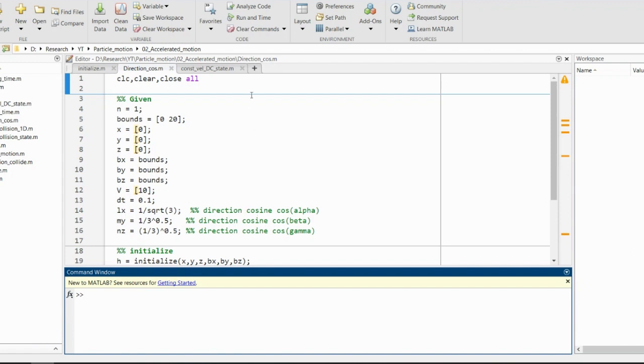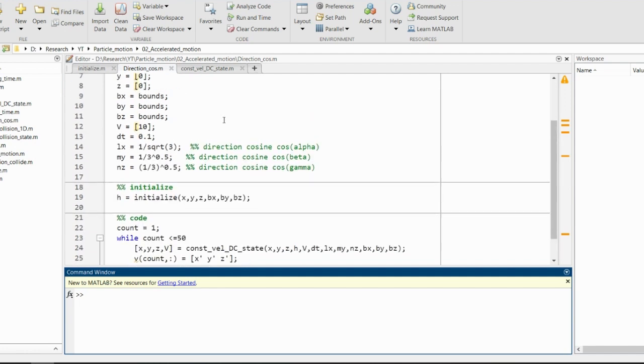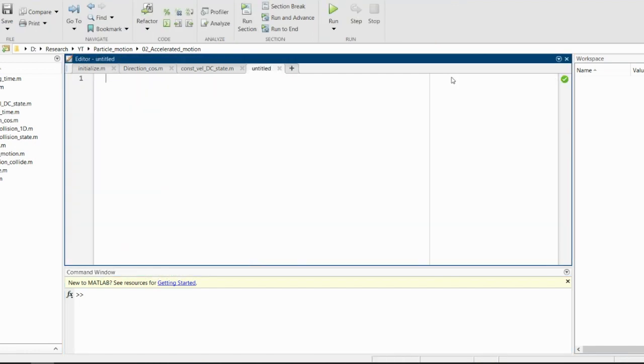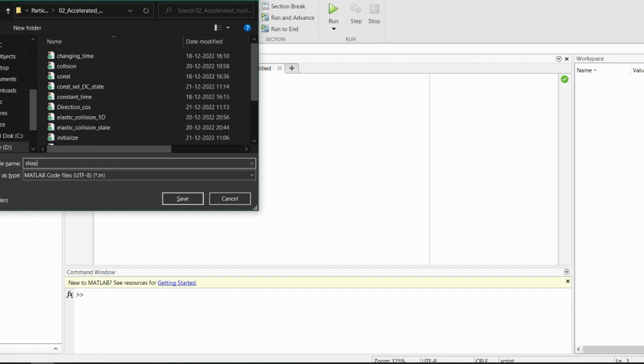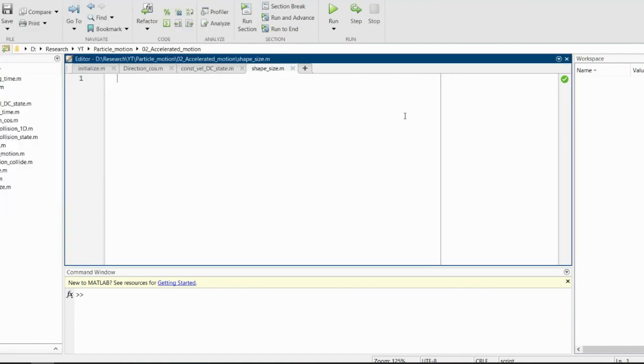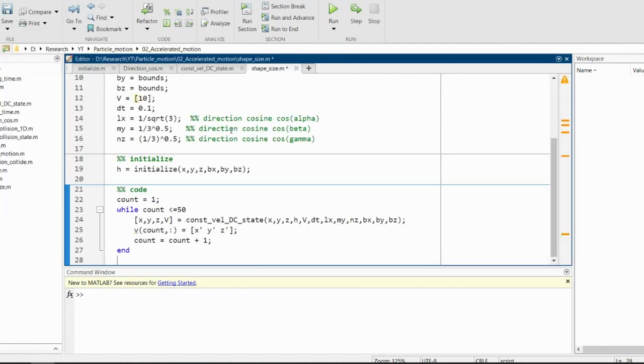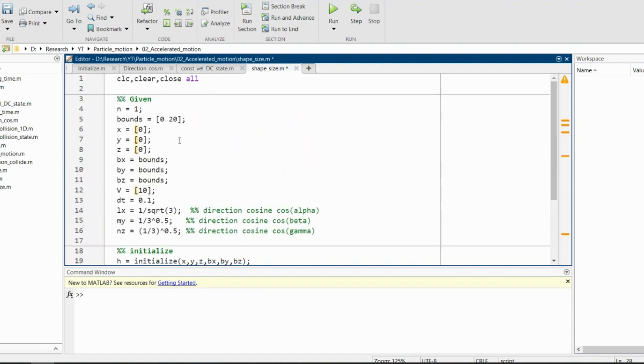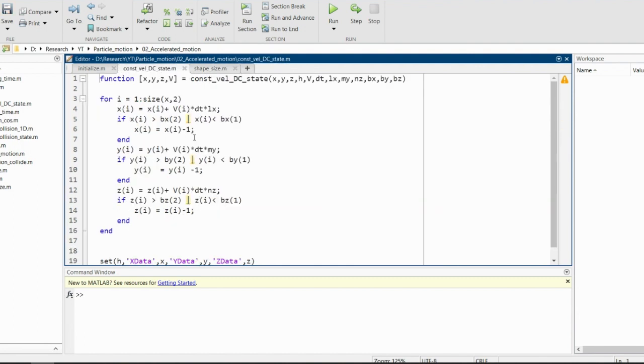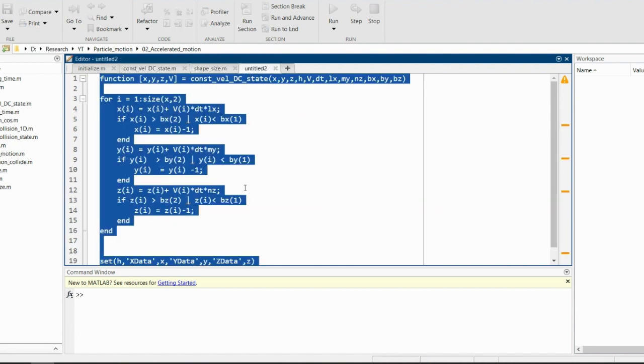Okay, let's go for the shape and size of the particle. I think I need the same thing. Let's take it first: shape, size. Let's copy the same thing. I would want it to fall down. And I'm going to create a function.